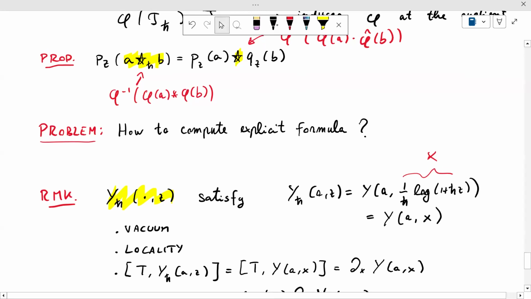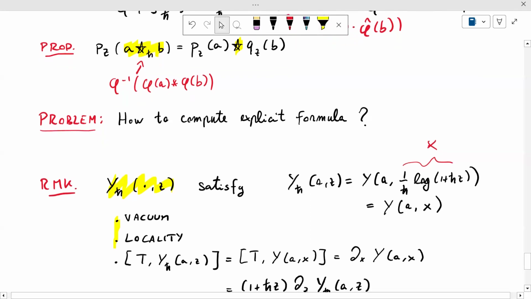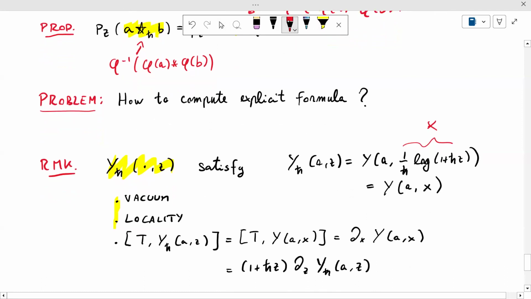Since this is a nice change of variables, it turns out quite easily that these new deformed vertex operators satisfy the vacuum axiom and the locality axiom. The only axiom of a vertex algebra that they don't satisfy is translation covariance.